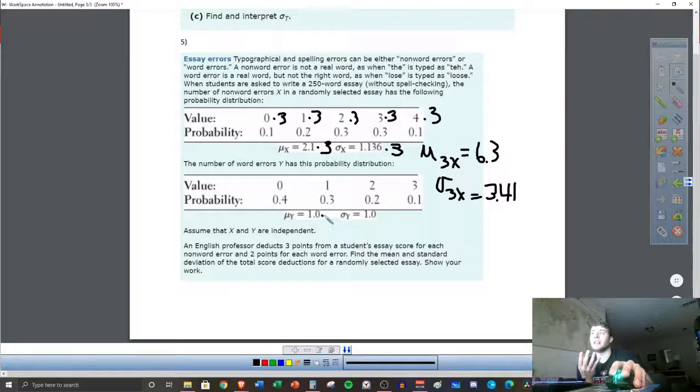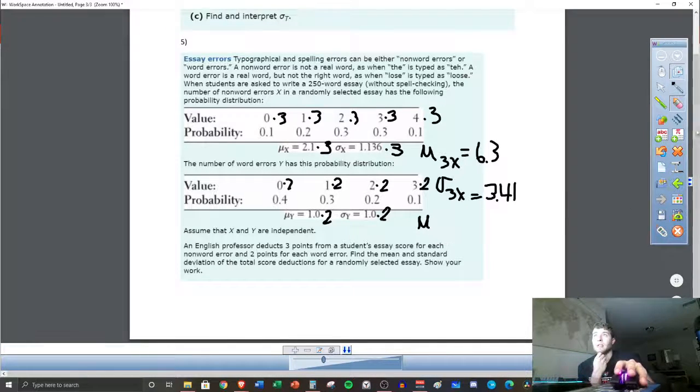Next, we know that this is going to be 2 points for each word error. So we need to go through here and multiply this by 2 for each one of these. Okay, 2 for each one of those. That means these also multiply by 2. So we'll say mu of y times 2. I'll say 2y.